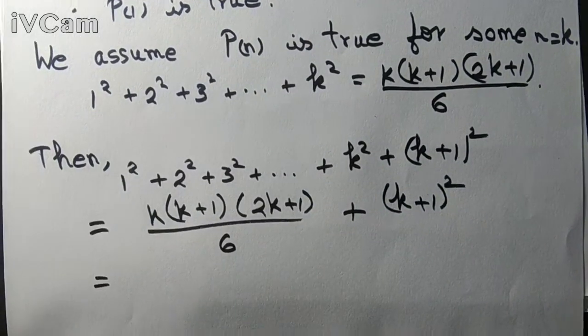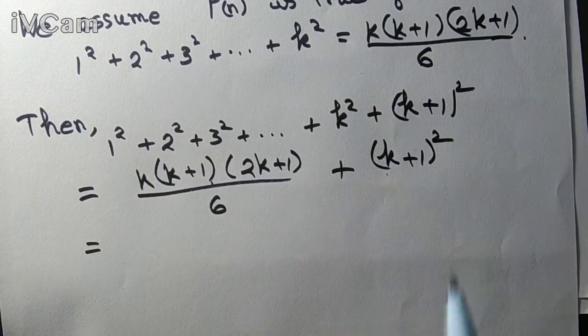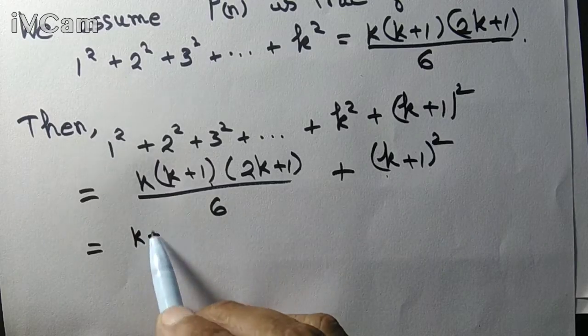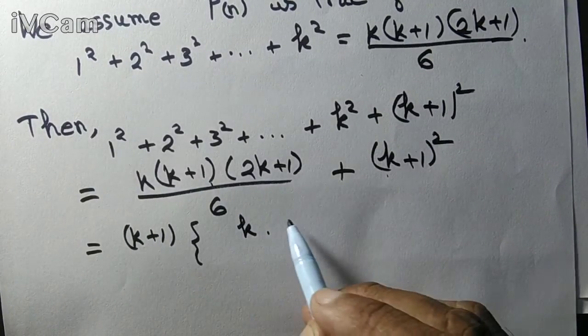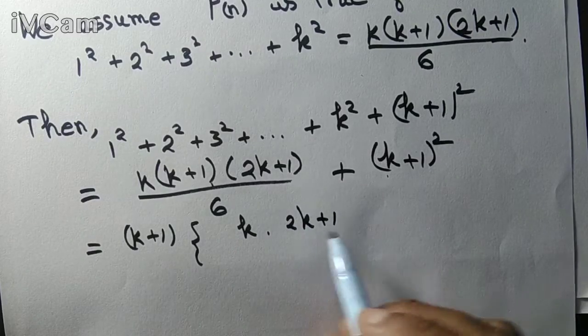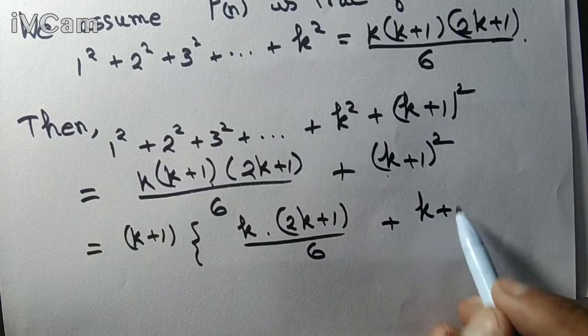Now, let's simplify this expression. We observe that we can take k plus 1 common. We are left out with k into 2k plus 1 by 6 plus k plus 1.